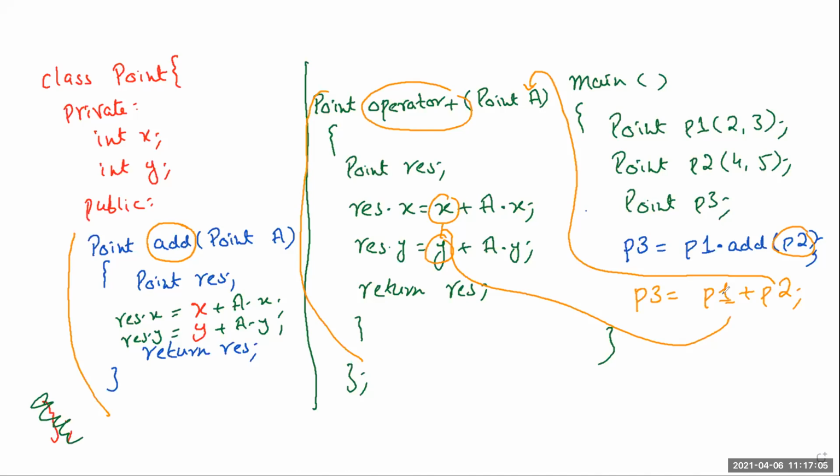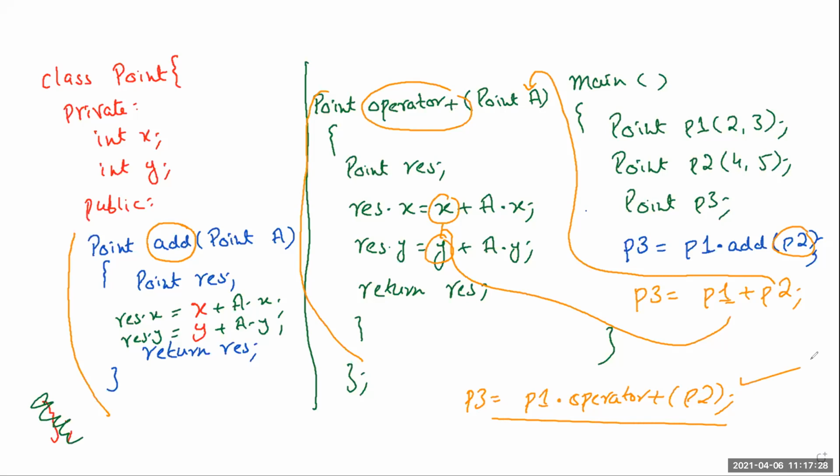And by the way, I'm just telling you, although you should not do that: if you write P3 equals P1 dot, you call this function like this, instead of using the plus operator, by calling P1 dot and the name of this function. It is syntax wise legal.